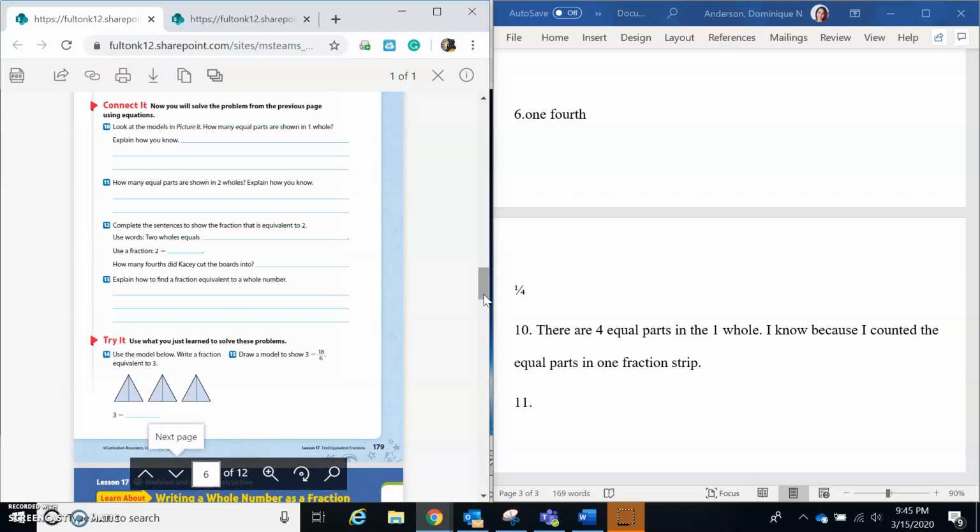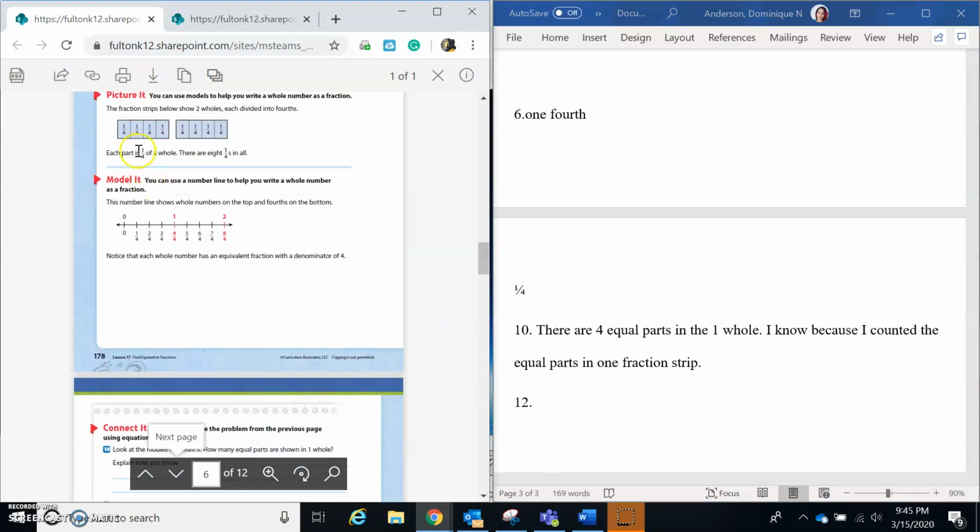Number 12 says complete the sentences to show the fraction that is equivalent to 2. Use words. So 2 wholes equals. So what did you guys get when you counted this? You should have gotten 1, 2, 3, 4, 5, 6, 7, 8.